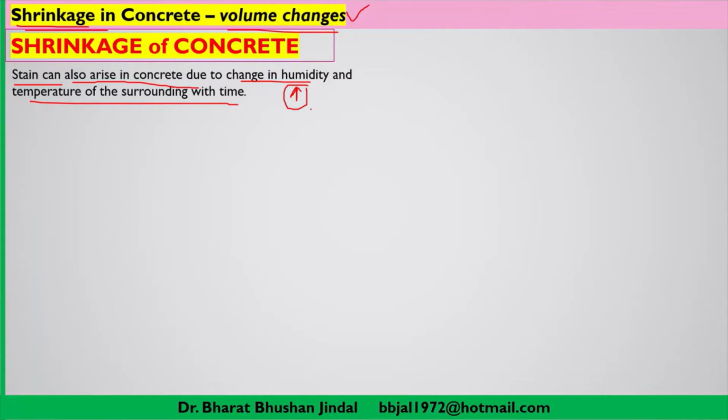So humidity may change, temperature may change. It is wrongly written here. Strain. It is basically strain. So strain can also arise in concrete due to change in humidity and temperature of the surrounding with time.